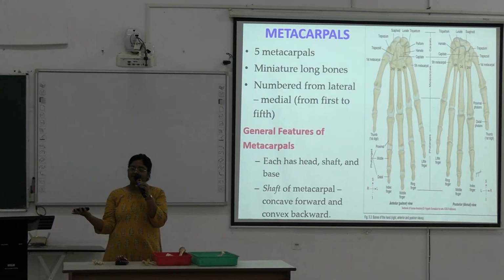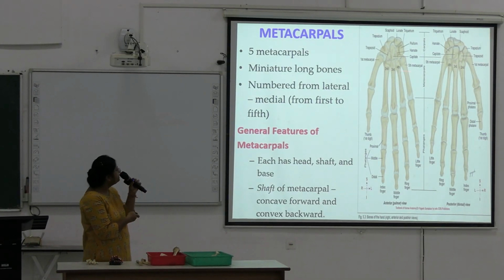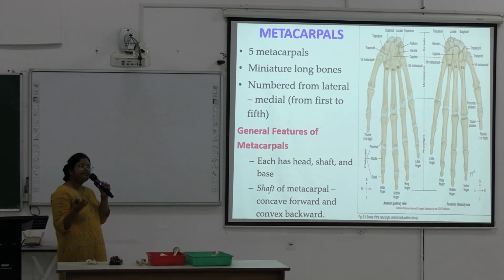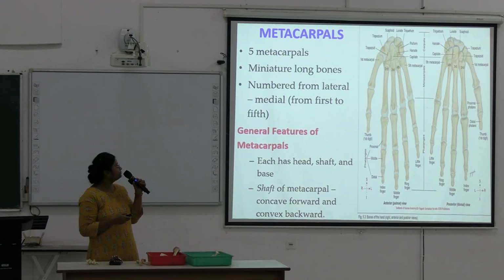The thumb is the first metacarpal, then second, third, fourth and fifth. Here you can see the thumb, proximal and distal phalanx. This is the first metacarpal, then second, third, fourth and fifth. And in the case of the foot, we count from the great toe. Near the great toe is the first metatarsal.